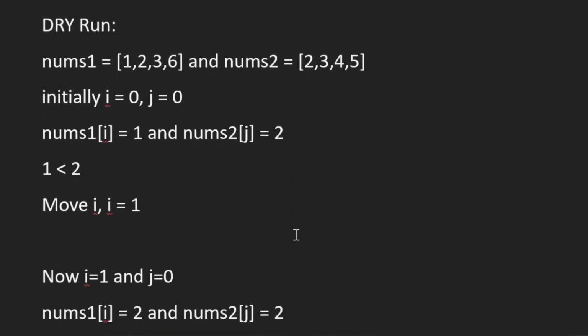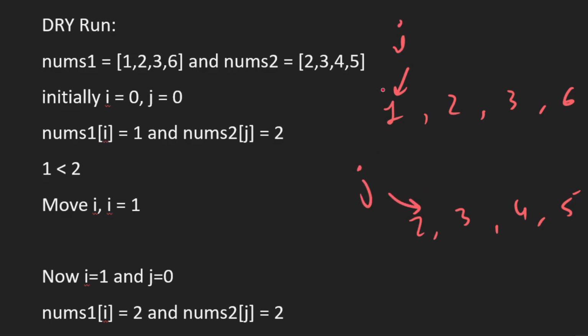Let's try to understand with the help of an example. Here we have taken the array 1 2 3 6, and the other array is 2 3 4 5. We have one pointer i over here and the other pointer j over here. First we compare the elements present at i and j.